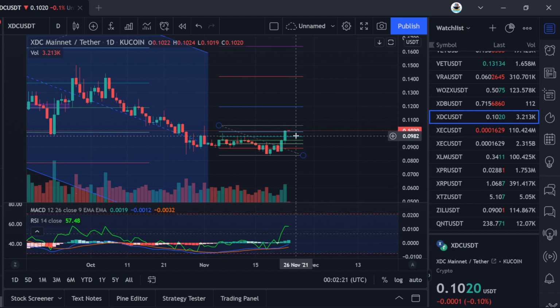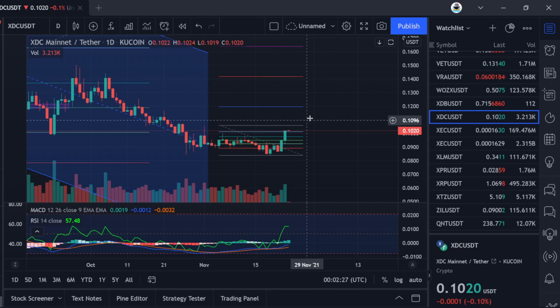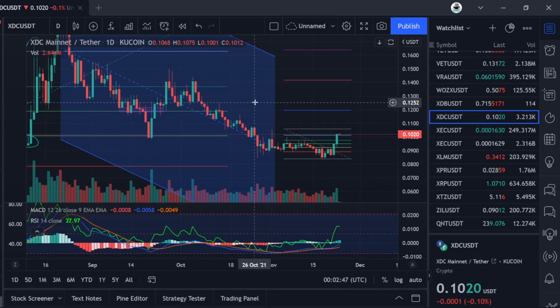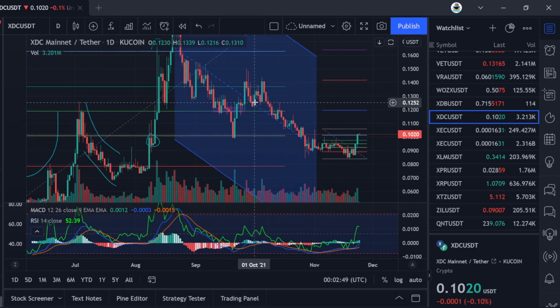Could it be that the awareness builds up more and more, that we start pushing this up to that sort of 12 cent mark, maybe even back up to the 15? I think we're in that period of the year now, and perhaps into towards the bull run, where we might start seeing some really good traction on XDC. We've said it for a long time, it's massively undervalued, but I'm really pleased with its current price point because of where we come from earlier in the year, but also because we've had these big jump ons and back down.